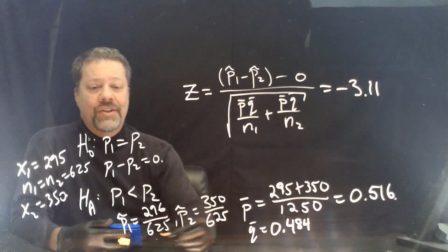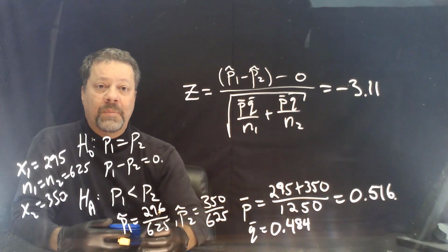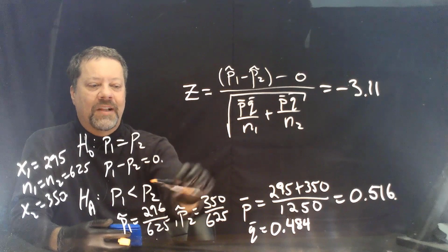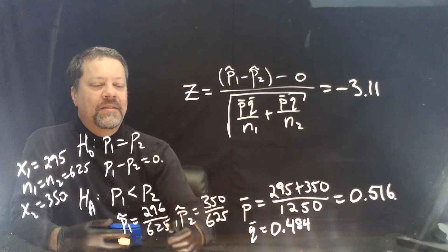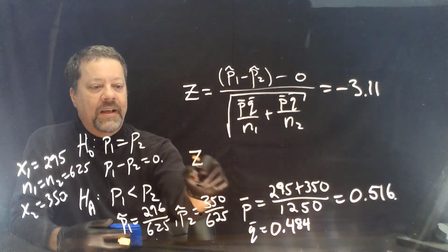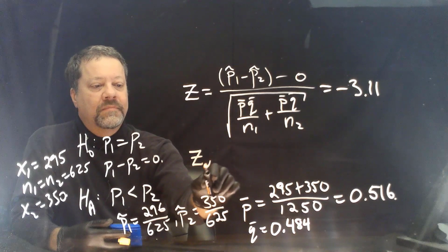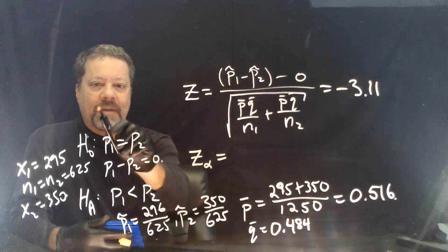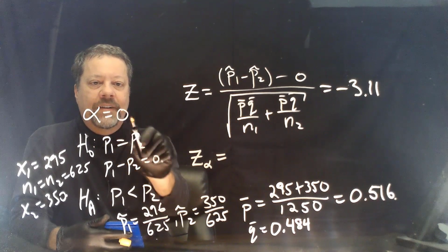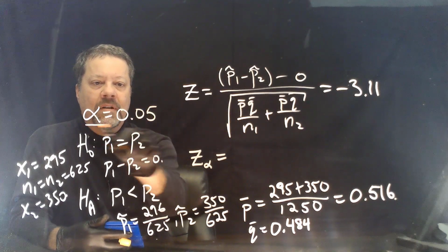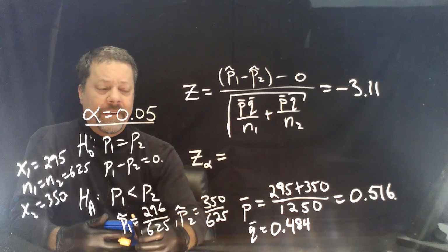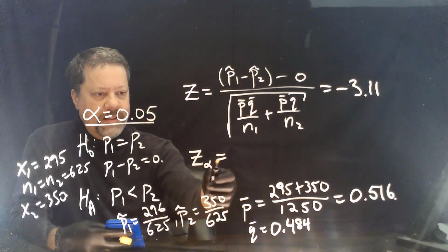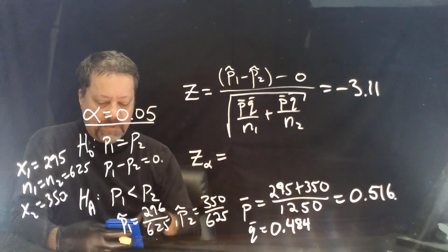That's a good indication that the null hypothesis is probably false, or at least that we should reject the null hypothesis. What is the critical z? Which reminds me that I forgot to set my level of significance. Let's suppose the level of significance is 0.05 or 5%. We can find the critical z using the inverse normal.